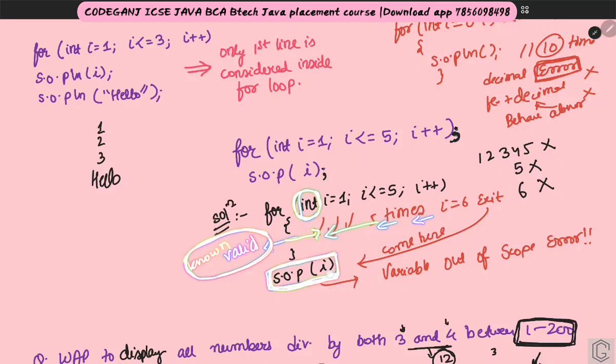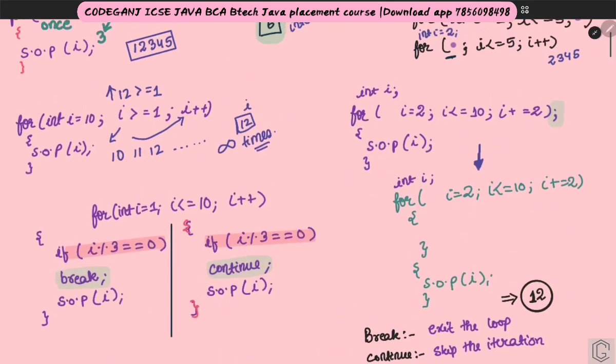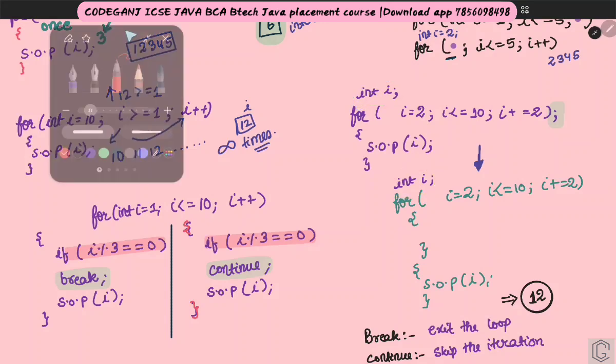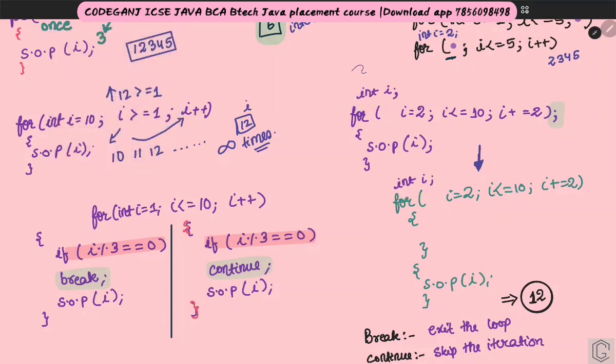That is why in this question, very smartly, I had placed i above. For this question to work, I had declared i above, which means it is in your public class ABC. Am I clear? So your i was declared outside the loop.